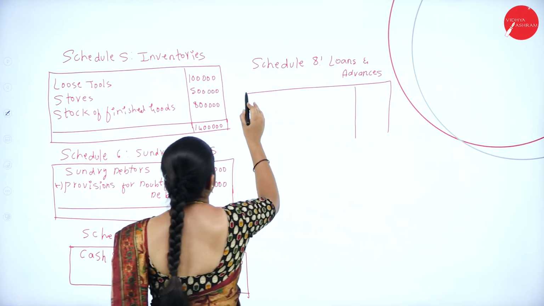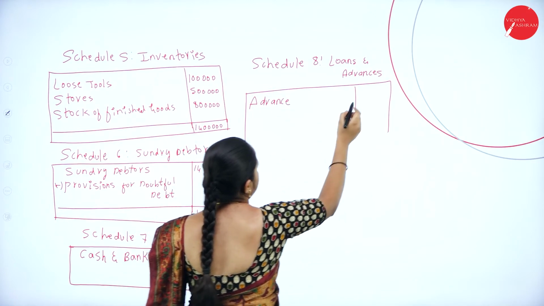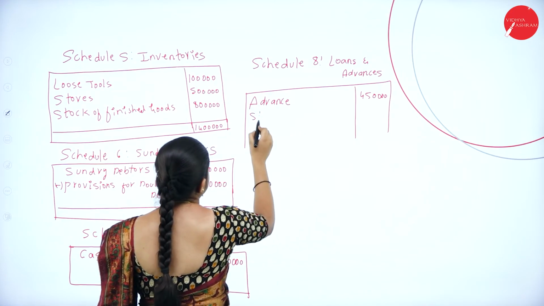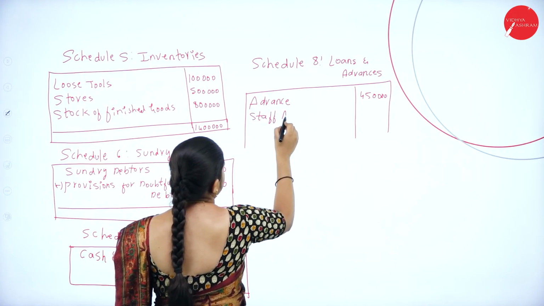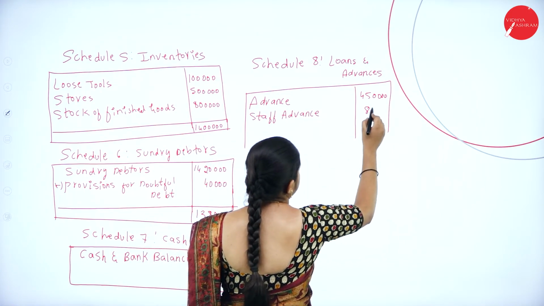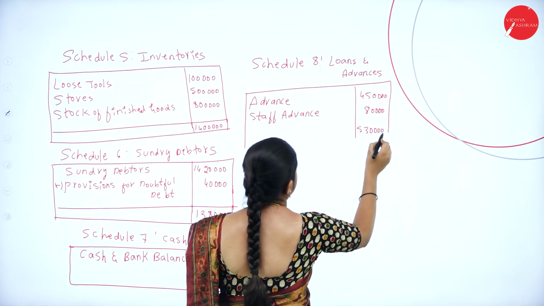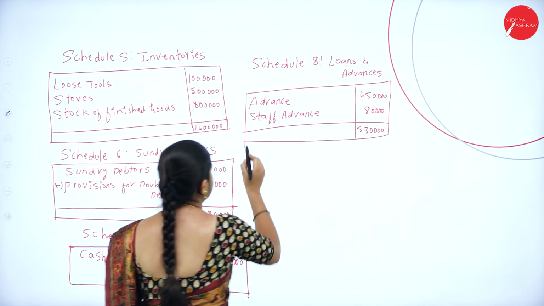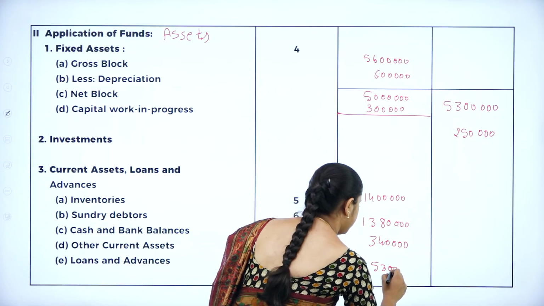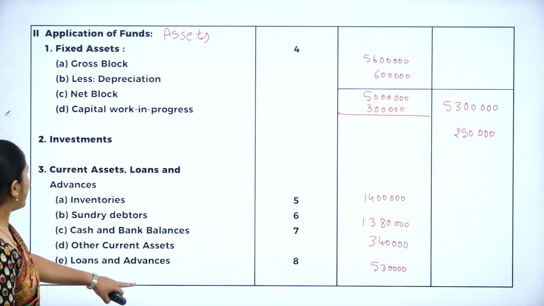First, we have advance 4 lakh 50,000. Then staff advance 80,000. Total 5 lakh 30,000. So, this is current assets.